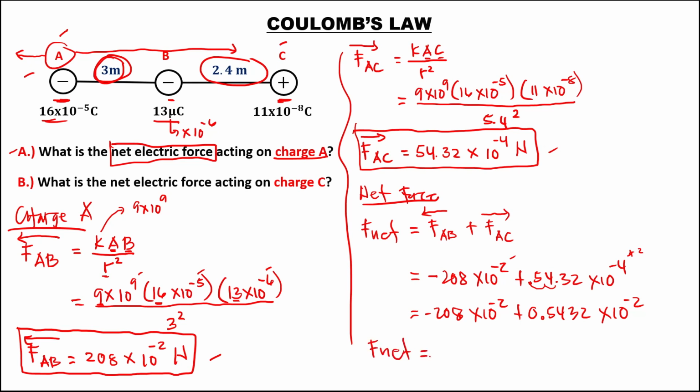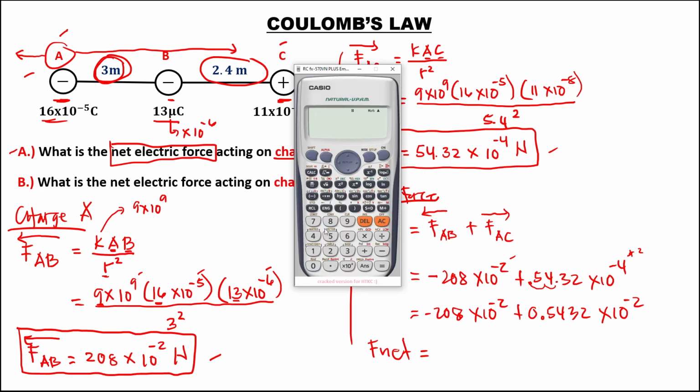So we have now the net force equals, so we can add now these two numbers. So we have negative 208 plus this 0.5432. So we have negative 207.46.